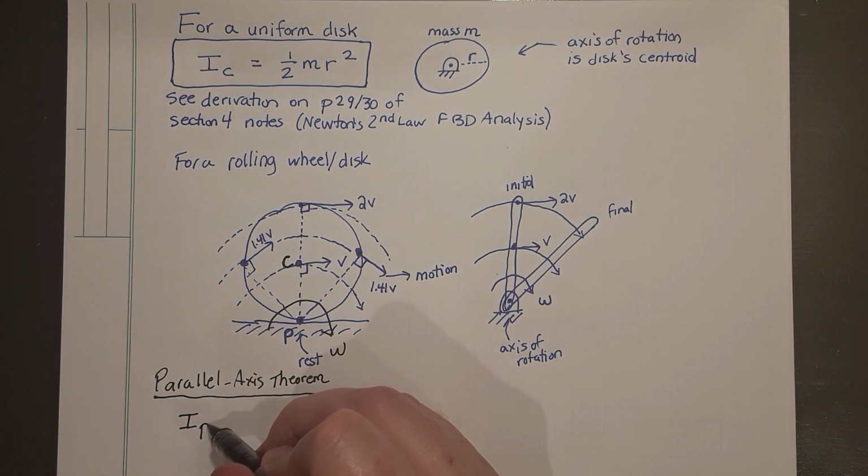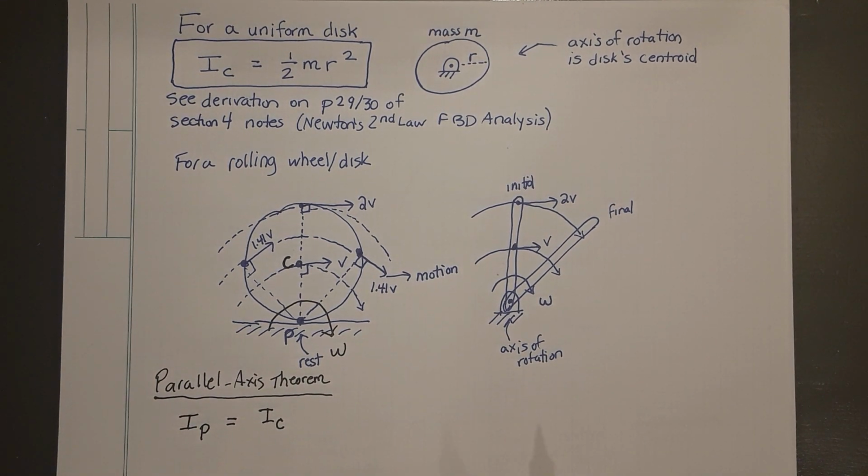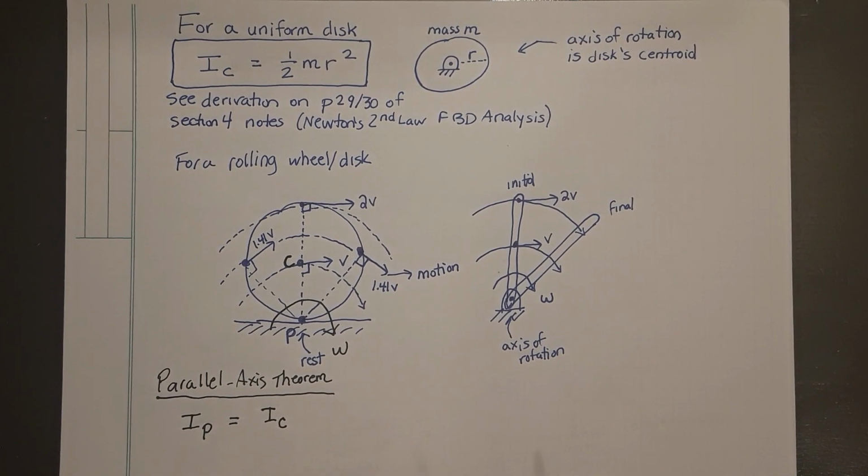The moment of inertia around axis P has to start from a minimum moment of inertia, a minimum resistance to rotation, around its centroid, IC.